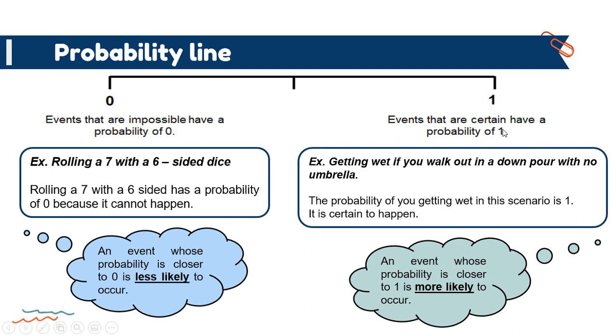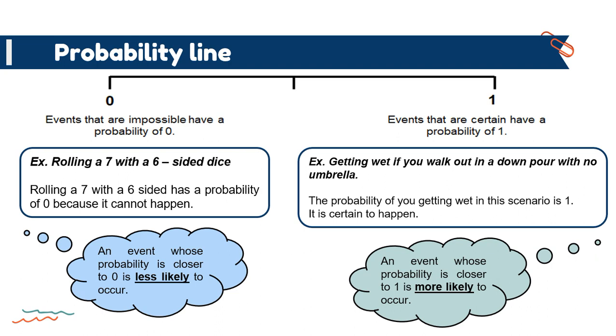So, for example, umulan, tas lumabas ka, syempre, wala kang dalang payong, 100% sure na mababasa ka. So, that is a certain 100% yung chance na mabasa ka. So, the probability of you getting wet in this scenario is 1 or 100%. It is certain to happen or sure na mangyayari po yung given na event na yon.